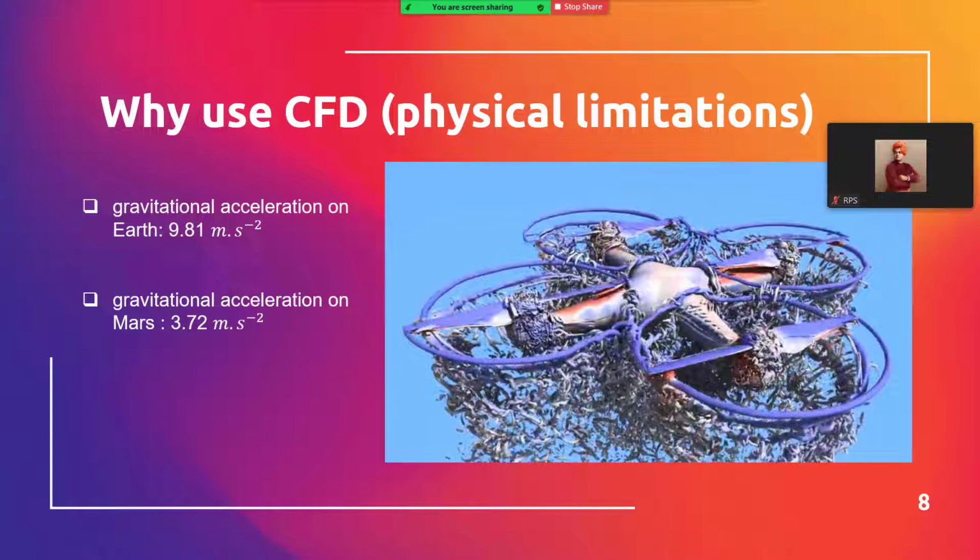The gravitational acceleration is completely different, the species of the atmosphere are completely different, and now you want to create a quadcopter and make it fly on Mars. So how do you create a situation like Mars, with a different gravitational acceleration or a different atmosphere on Earth?